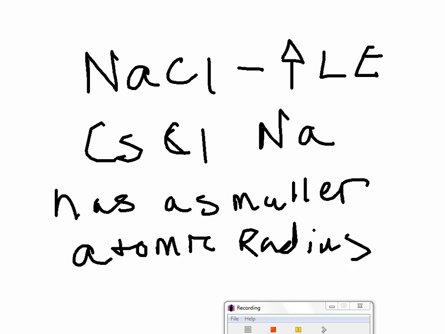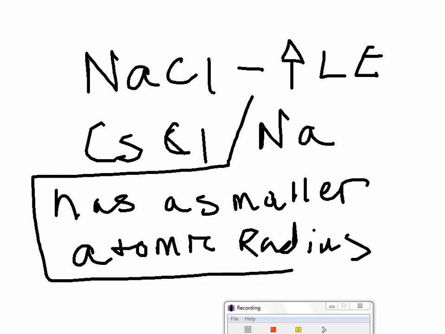So those electrons are really, really close to that sodium. Whereas with cesium, we're talking the 6th principal quantum energy level, so it's really big. We would anticipate that sodium would be much closer, a much smaller distance, because its radius is so much smaller compared to cesium. So there are really two things at play here.